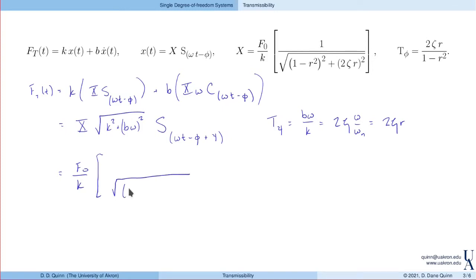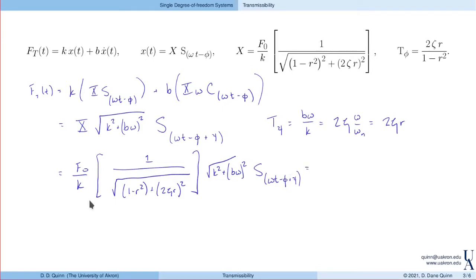Right, so on the bottom we have the square root of 1 minus r squared squared plus 2 zeta r quantity squared. We have a 1 on the top, and then square root of k squared plus b omega squared, and then sine omega t minus phi, again, plus this additional phase shift.